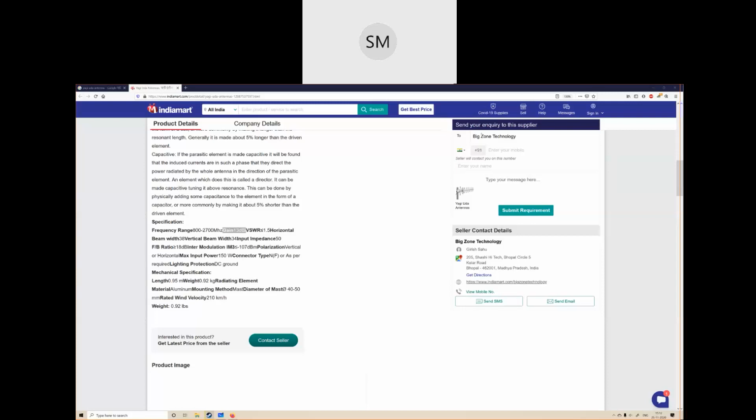This is a typical value of gain we expect from a Yagi antenna. What is antenna gain? We discussed, right? Anyone want to try? Tell me fast.